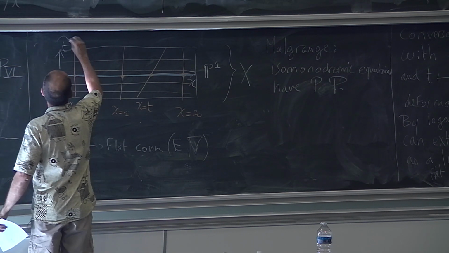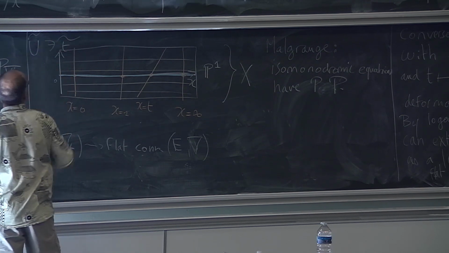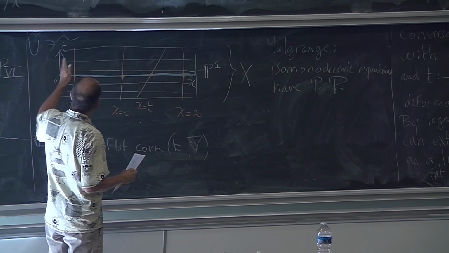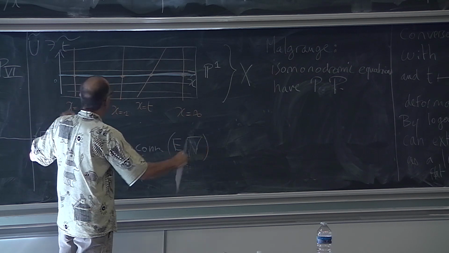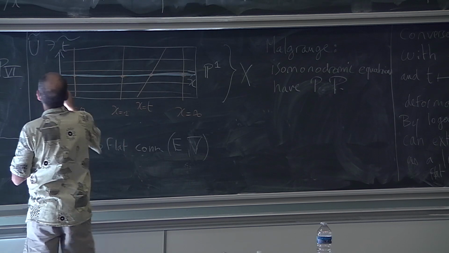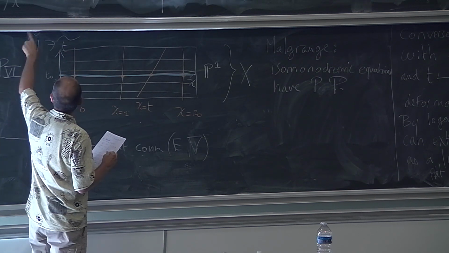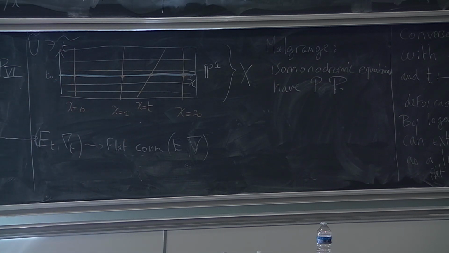So you replace this by t tilde belonging to U tilde. And when you do this, you still have something which looks topologically like a product, like the product of what is happening at t0 times the universal cover of P1 minus 0, 1, infinity.